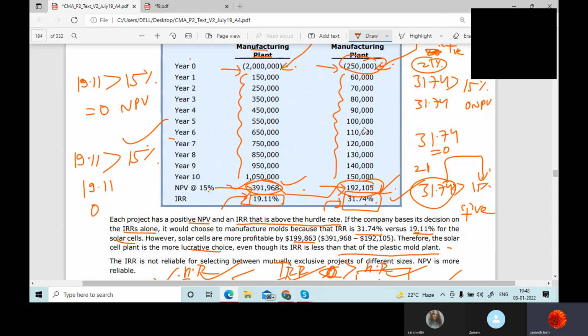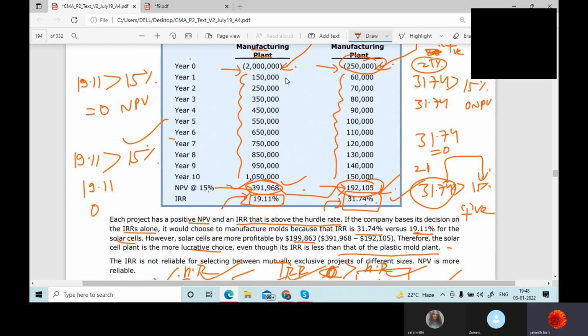one out of two, I have to go with NPV, technically more sound, more justified. I've seen that in both cases it is more than my hurdle rate, so I can accept both. For NPV also I can accept both projects, but I need to take only one out of two.